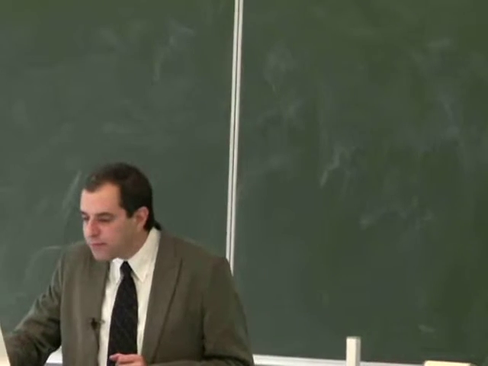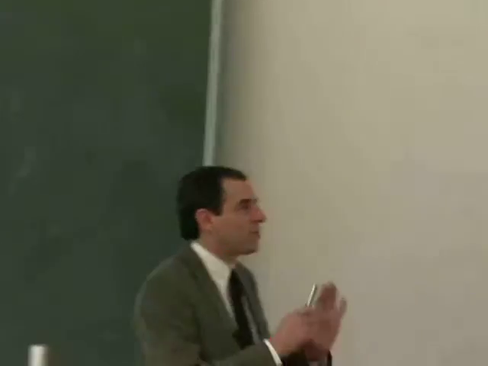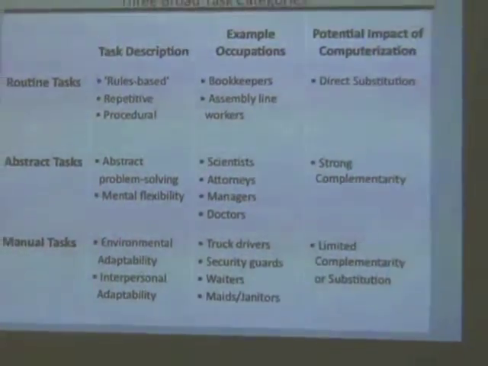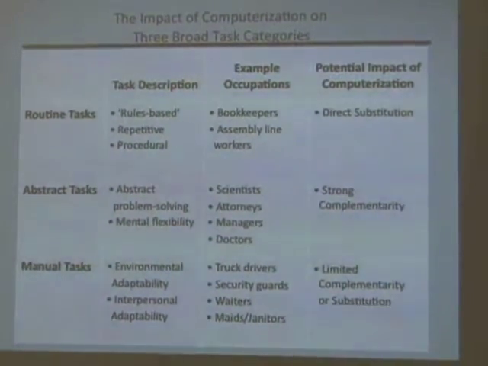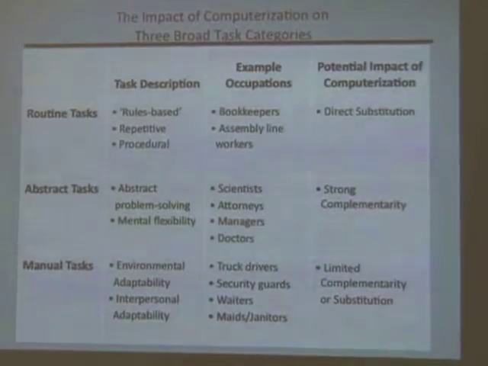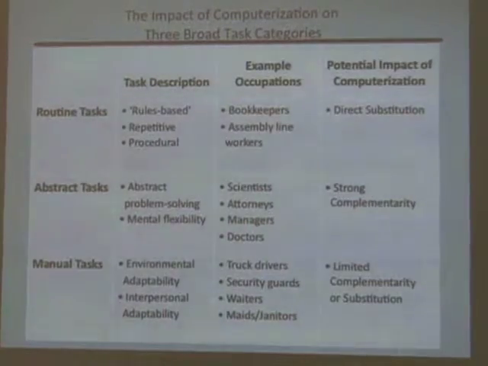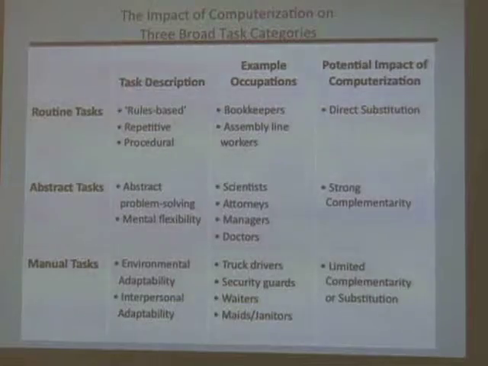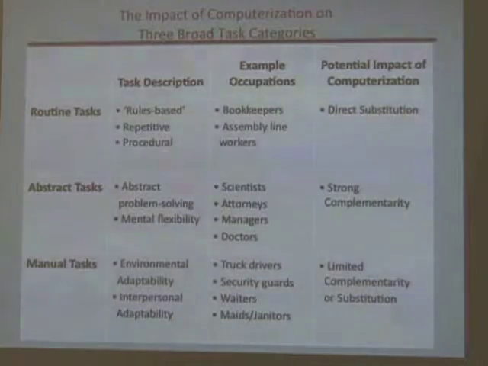Okay, so basically, just to summarize, this is a simple 3x3 table. So here's routine tasks, abstract tasks, and manual tasks. So clearly for these routine tasks, there's an enormous amount of direct substitution of computer capital for human labor input. And I want to say that although that's an obvious, non-controversial assertion, it's very new in the sense that for most of the history of automation, there was not capital that could substitute for cognition, right?